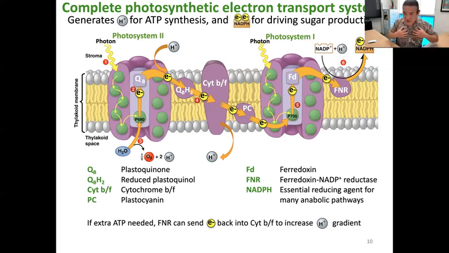Remember, in the mitochondrial electron transport chain, what's the terminal electron acceptor that's so important in order to keep it running? It's oxygen, O2. So the O2 that we breathe in receives the electrons at the end of the mitochondrial ETS chain, and it becomes water. And that's the end of the story for those electrons.